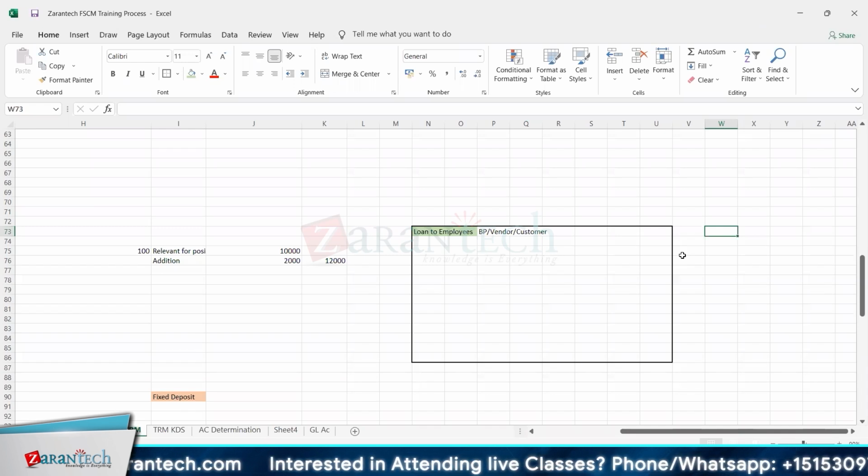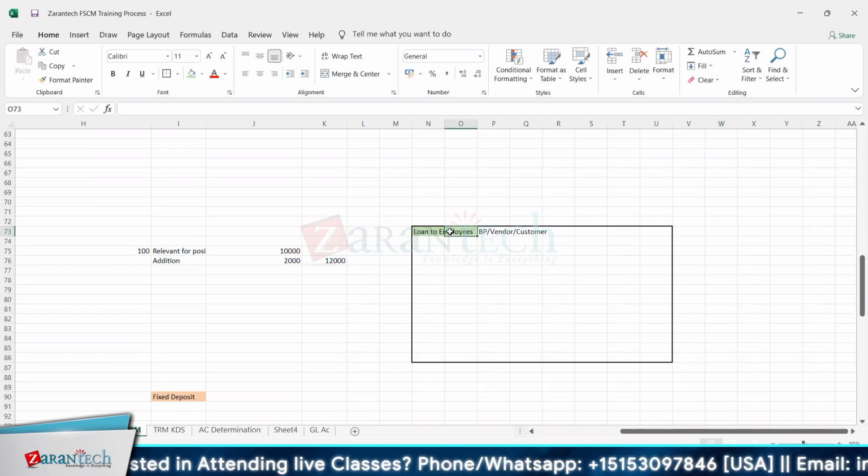So in that case, what we do, we create this employee loan in the treasury module, and we post the transaction to the customer account in the reconciliation. That possibility is there, so we will maintain one product. This is one scenario.